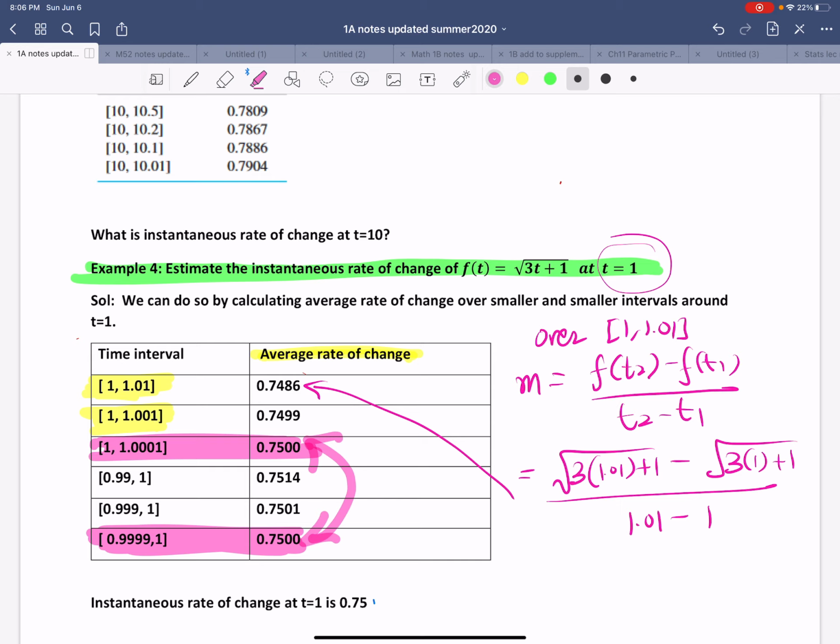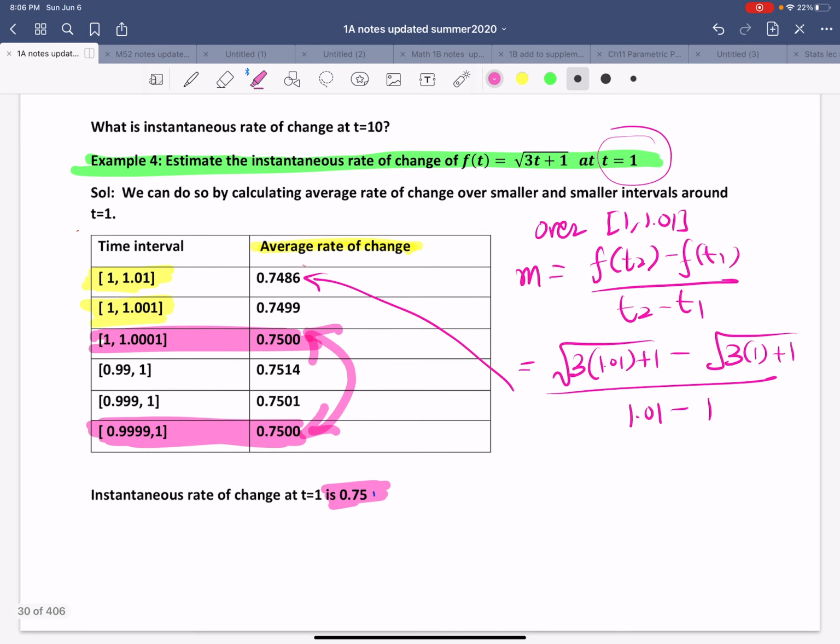So we can use these points to estimate the slope of the tangent line, although we are using the slope of the secant line. But because my points are very, very close, we can estimate the slope of the tangent line, and that's going to be 0.75. And what are the units? Because my function didn't have any units, I'm not going to use any units here either.